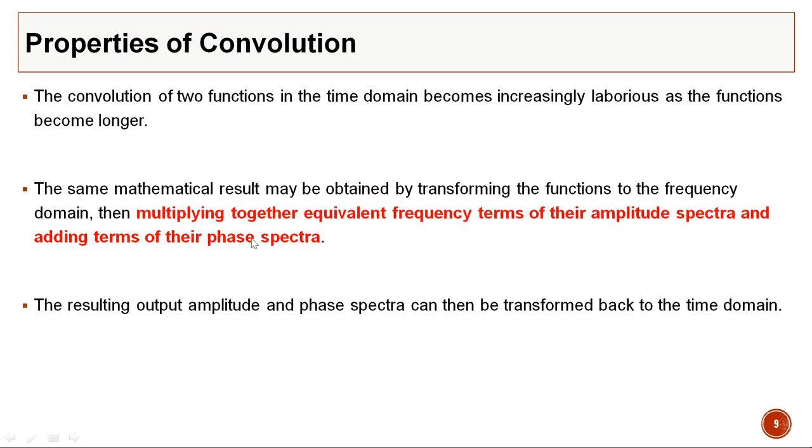So basically convolution in time is equivalent to multiplication of amplitudes in frequency domain and the summation of the phase spectra. And then once we do this in frequency domain, we transform back to time domain, and we will get the same output as you would doing it in time.